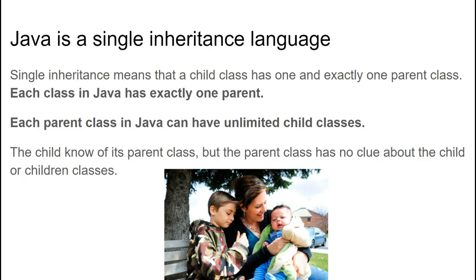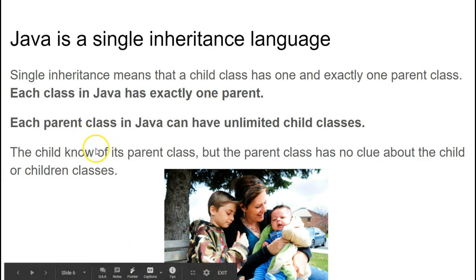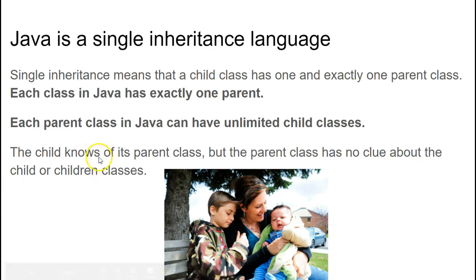Each parent class in Java can have unlimited child classes. The child knows of its parent class, but the parent class has no clue about the children. So the child can see up and look at the parent, but the parent has no way of looking down to see the child.